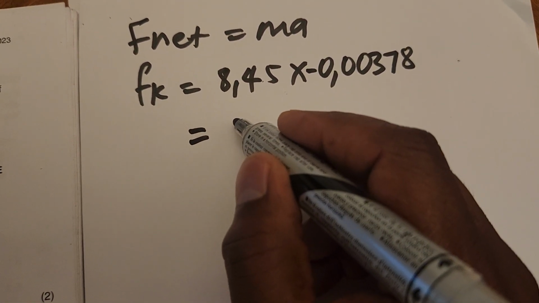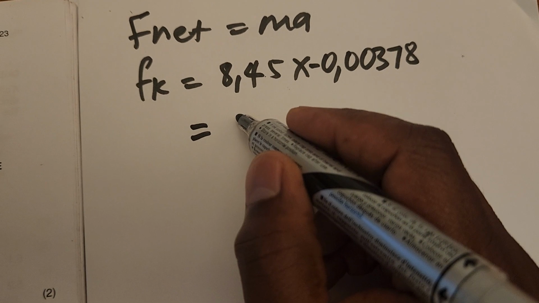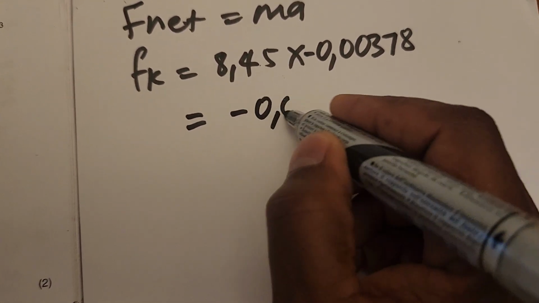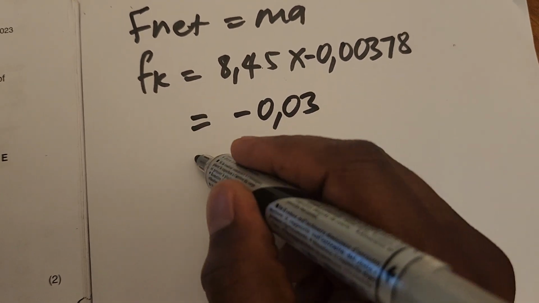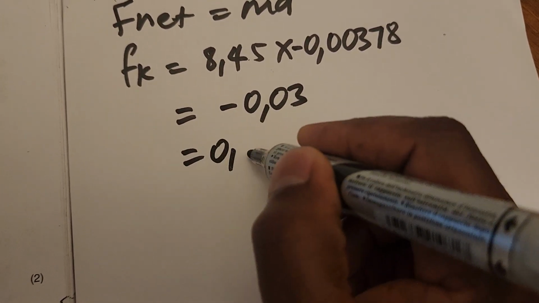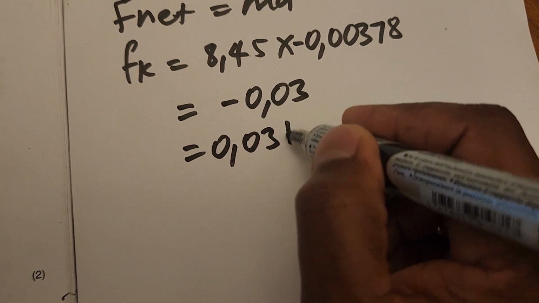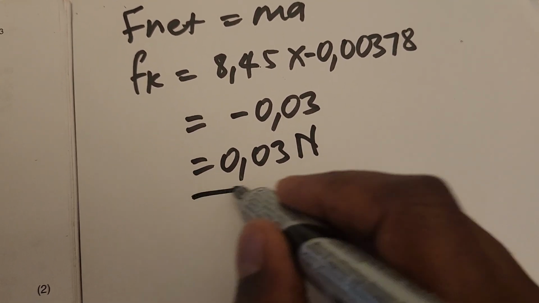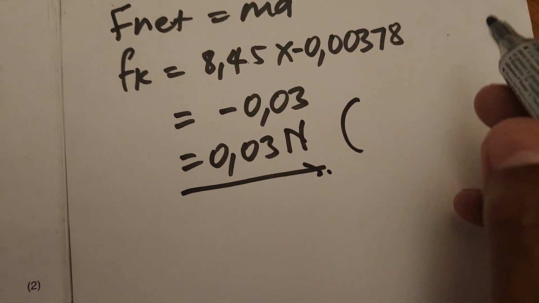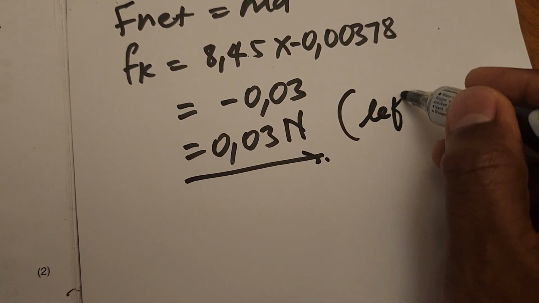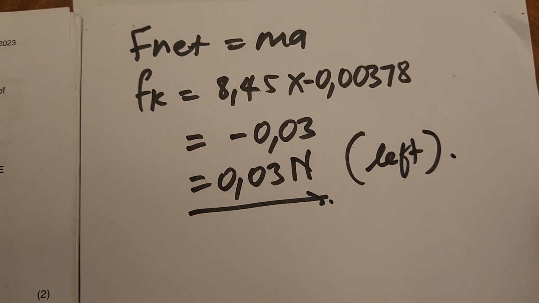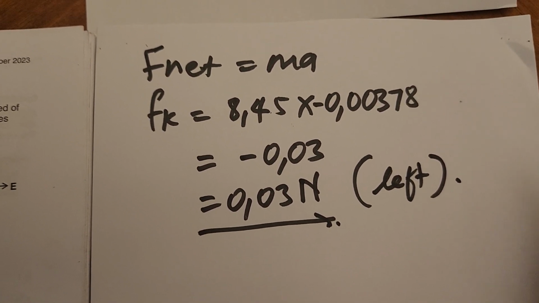Therefore the answer should be negative 0.03, which is the same as 0.03 newton. They wanted magnitude anyway, so we don't have to mention direction, and in brackets we know that it will be to the left. That is the last question in this case.